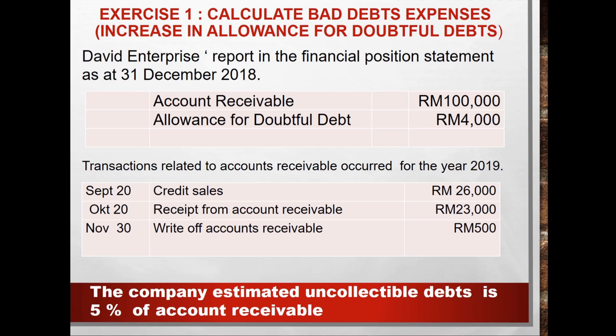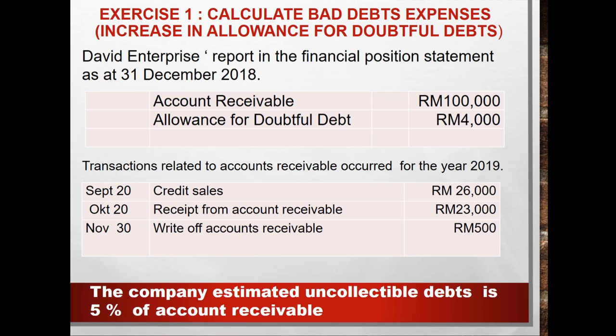We must use the allowance method because allowance for doubtful debts had a balance from the previous year. Now we have to debit allowance for doubtful debts 500 and credit accounts receivable.